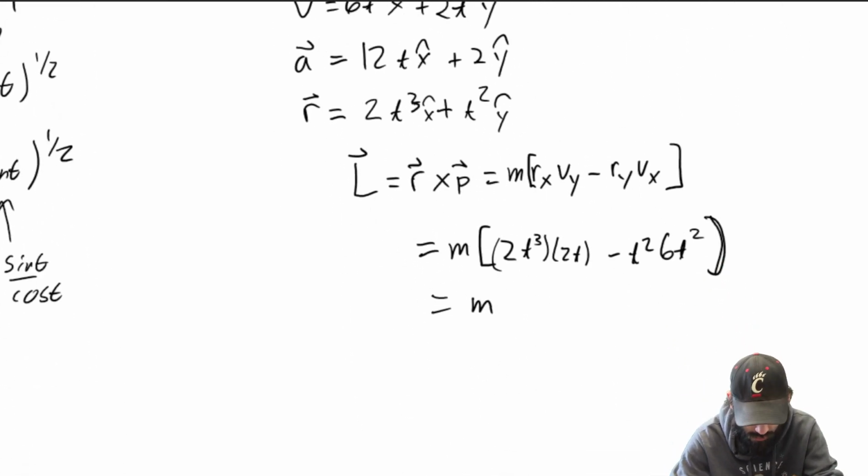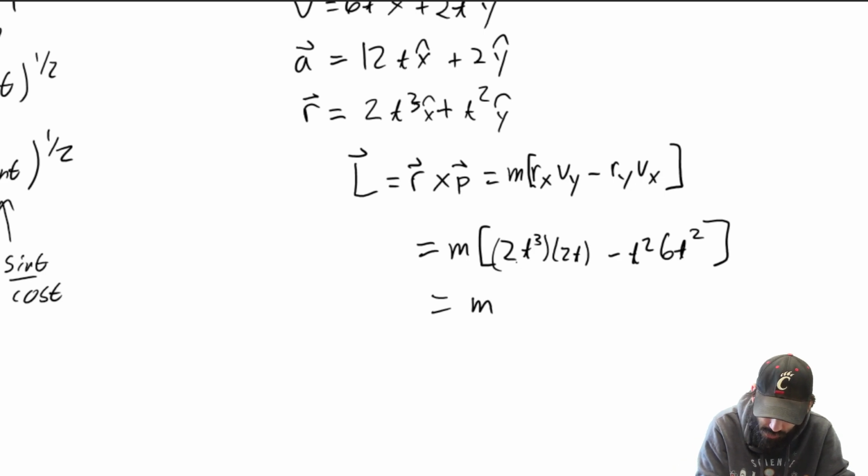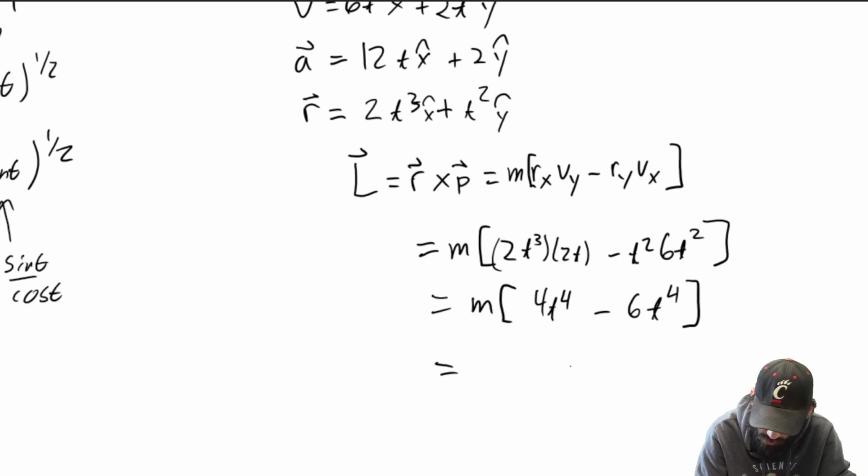I'm going to go somewhere in particular with this to prove that these two are the same thing, and I need the M in order for that to happen. So when I multiply this together, I end up with 4t to the fourth minus 6t to the fourth. This is equal to M times negative 2t to the fourth.